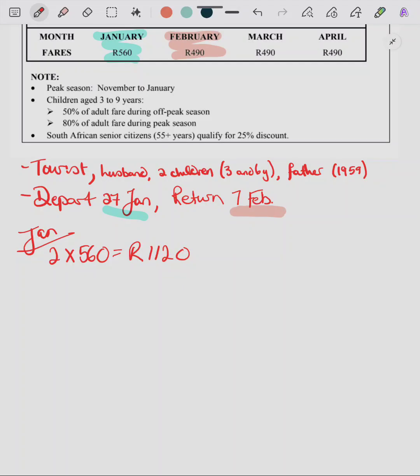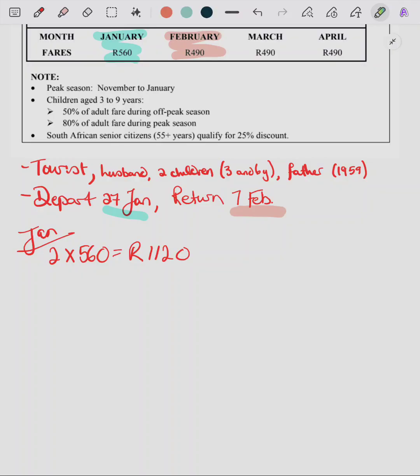Then we have the 2 children. According to what we're told here, they will get 50% of the fare during off-peak season, and they'll have to pay 80% during peak season. And they tell us peak season is November to January. So that means they're going to have to pay 80% of the ticket.